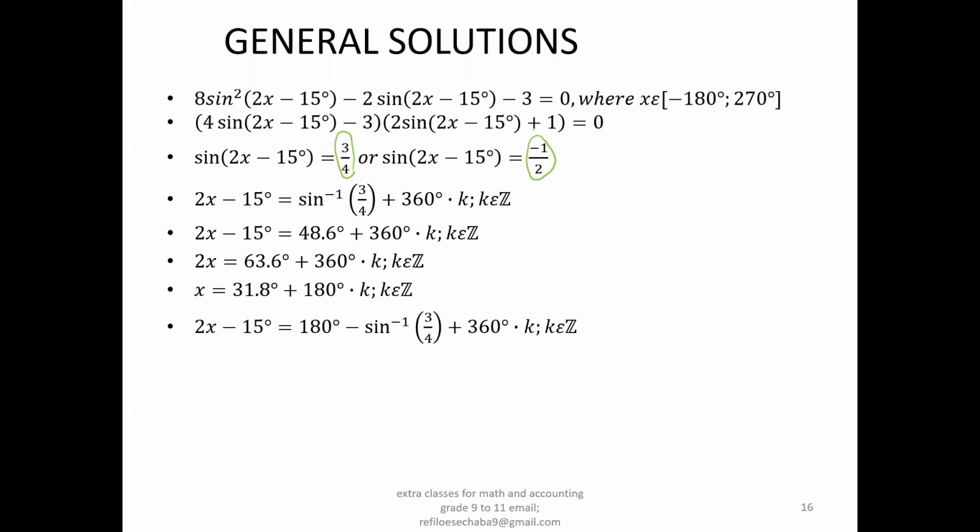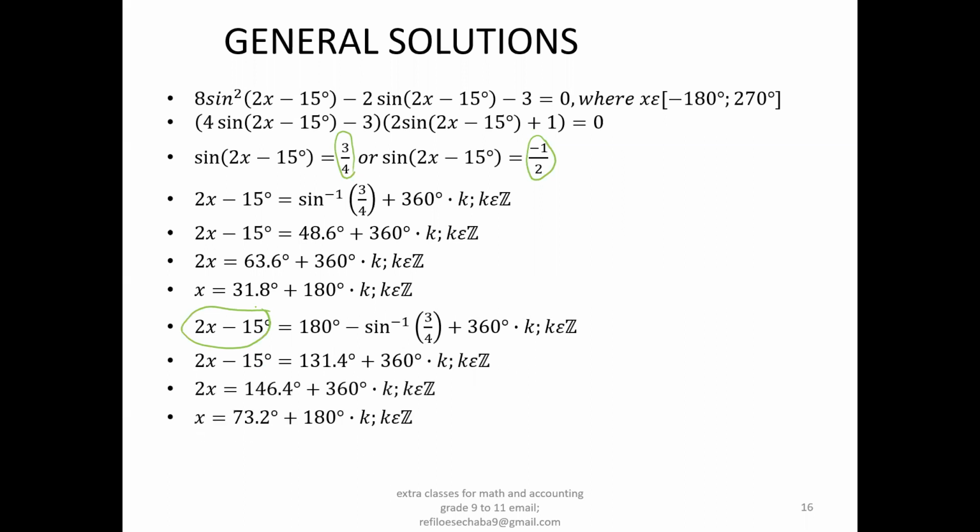Yes. Do you realize that I still have that angle, which is 2x minus 15? And this is what I will get, right? Yes. And then you take 15 to the other side and you divide by 2. This is what you will get, which is 73,2 degrees plus 180. Are we still okay there?